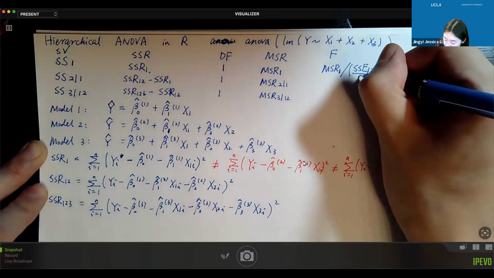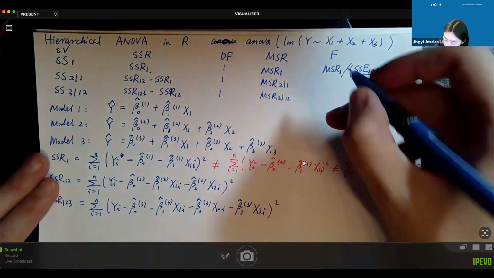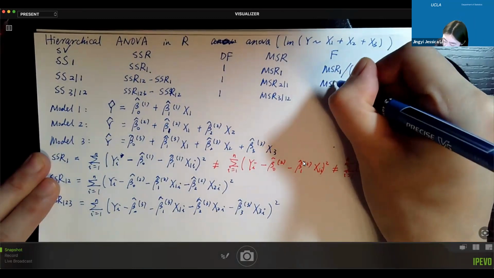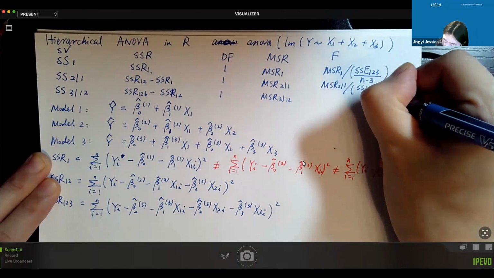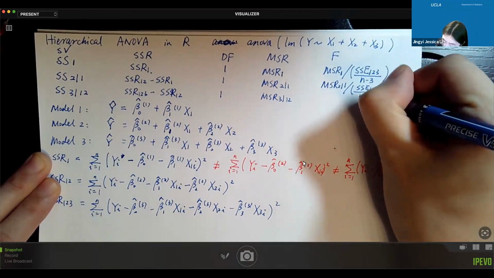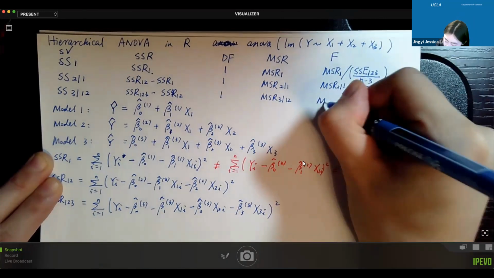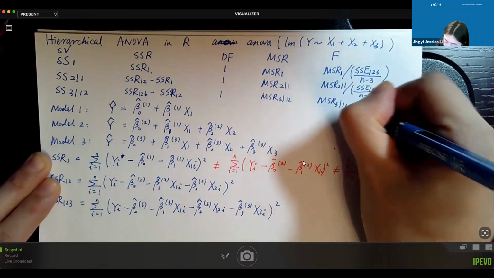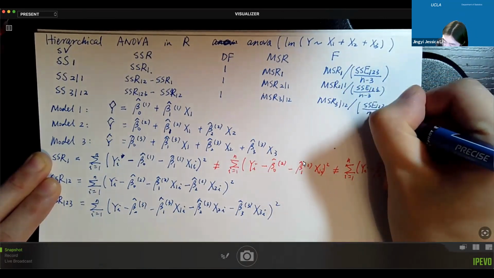So that's n minus 3. This is what R does. Then this one is MSR 2 given 1, divided by SSE 1, 2, 3 over n minus 3. Finally, MSR 3 given 1, 2, divided by SSE 1, 2, 3 over n minus 3.